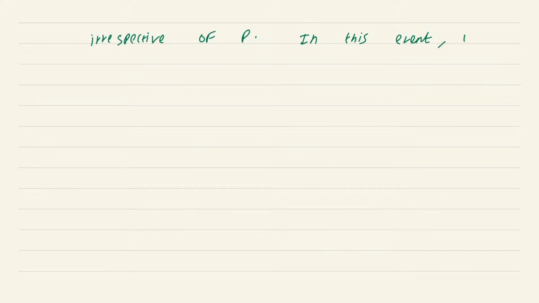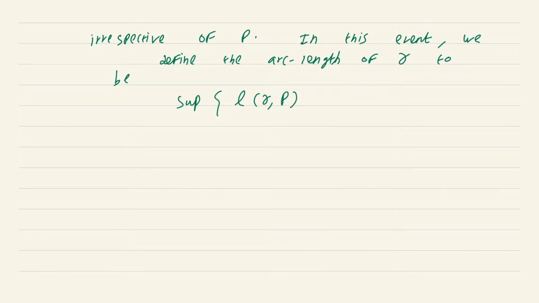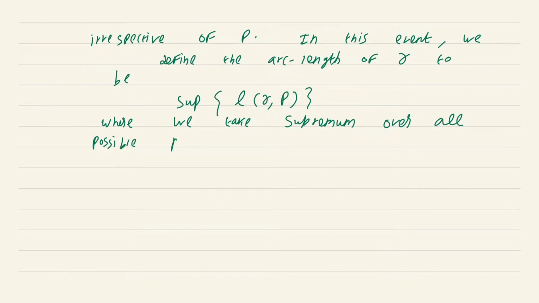So in the event that there is such a constant M, we define the arc length of gamma to be the supremum of L(gamma, P), where we take the supremum over all possible partitions of [a, b].